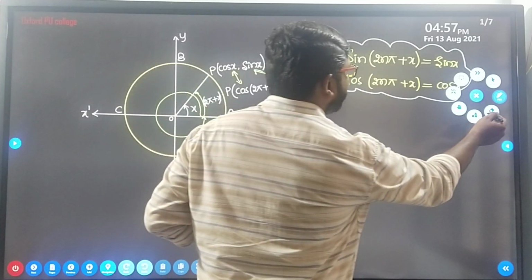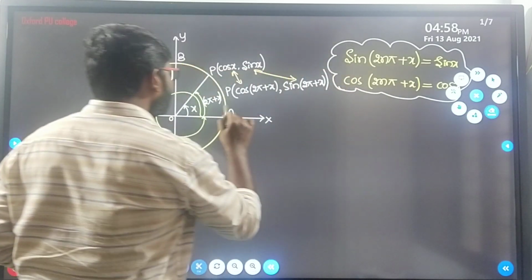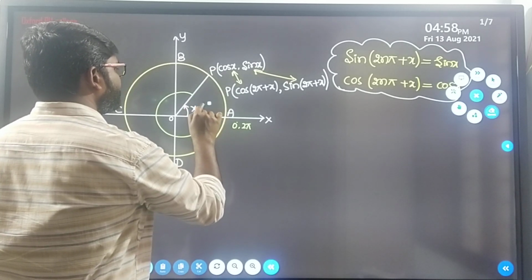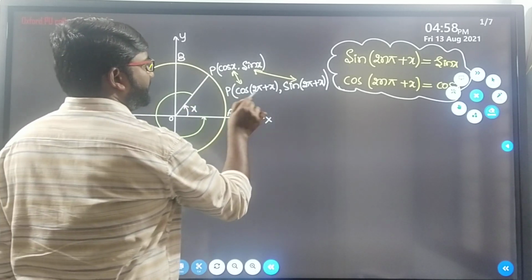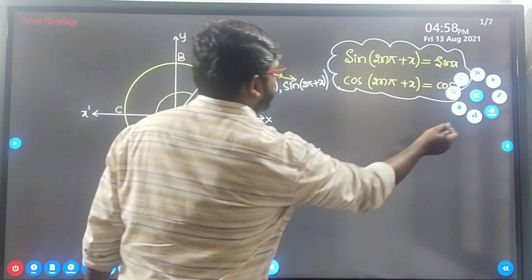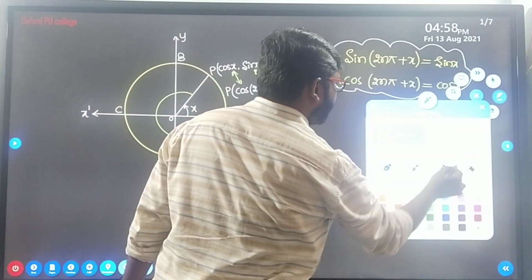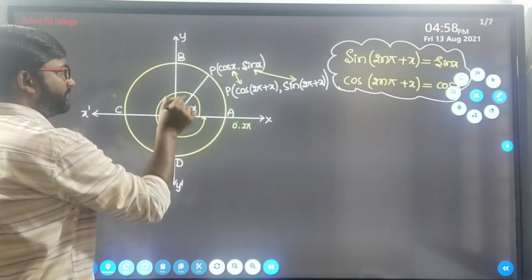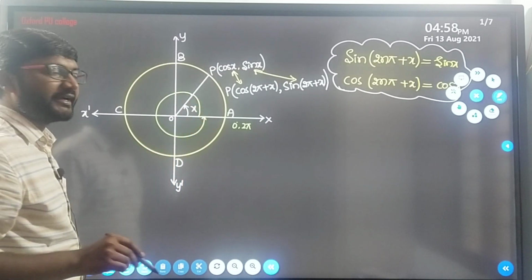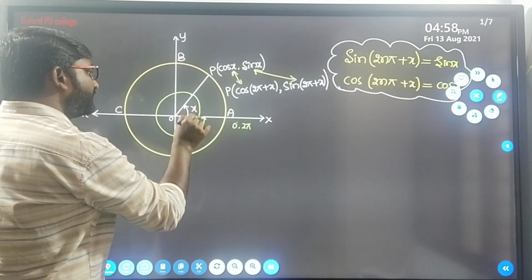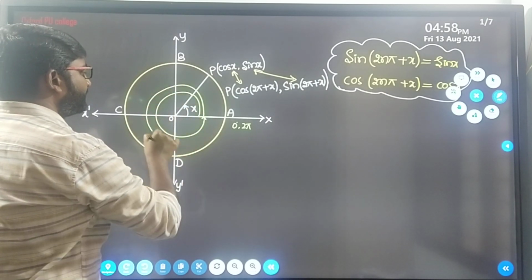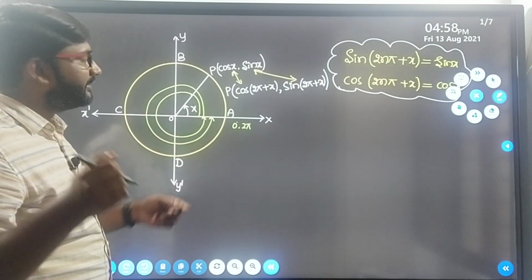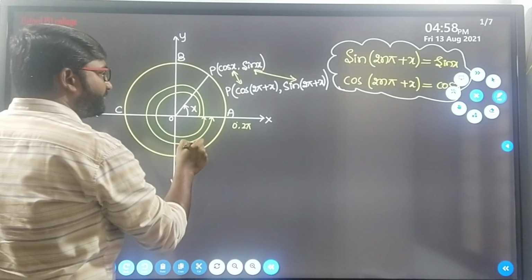Now if you want to go for another rotation, one more revolution, what exactly do we get? From here to here it is 2π. Now I'll take one more revolution, so we have 2 revolutions, which is nothing but 4π.